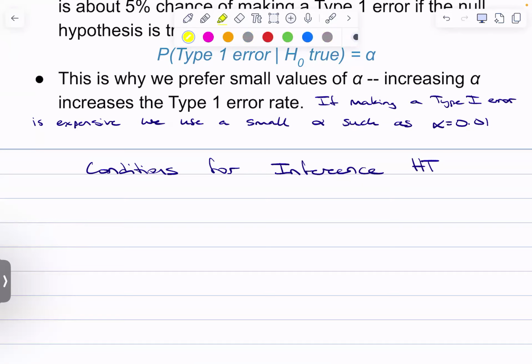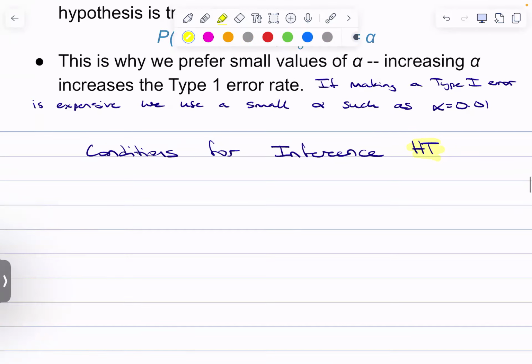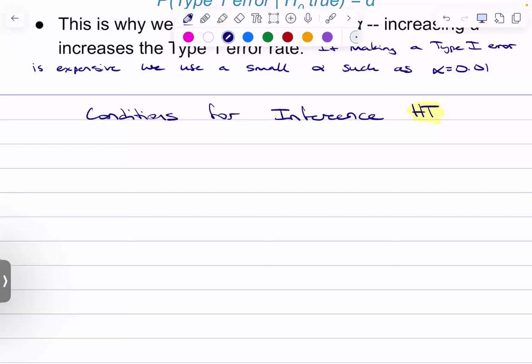Now, for a hypothesis test, it's going to be slightly different than a confidence interval. It's going to be very similar to testing for a confidence interval, except the normality condition.